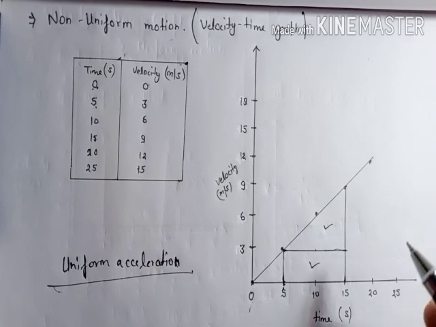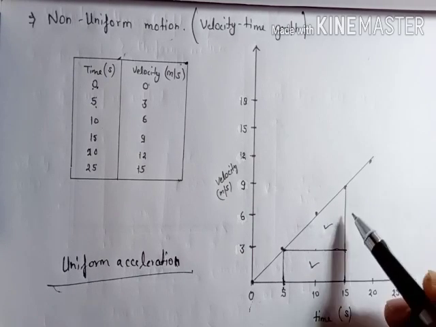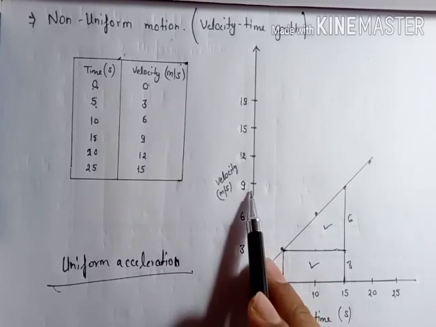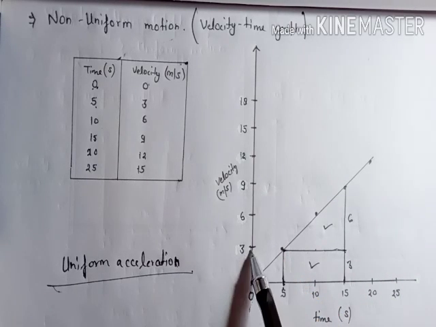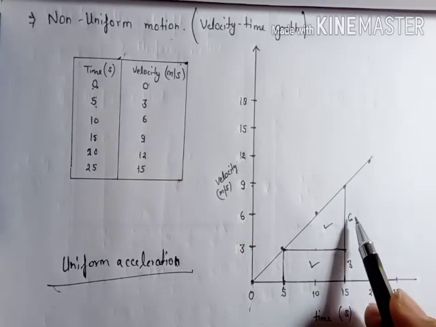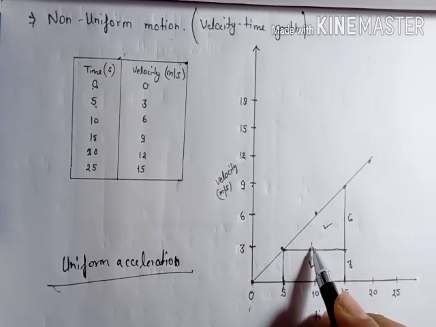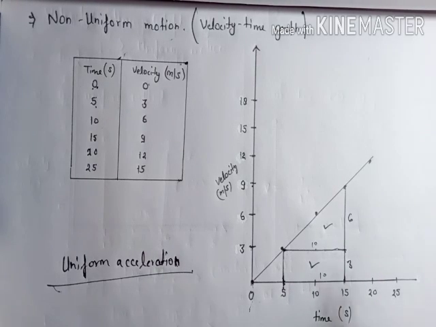Here the whole height is 9, and if you check, it is 6 and this is 3. This is parallel to this graph, so you can get your calculations here. This is 3, so this is also 3, and from here to here it is 6, so you can write 6 here. And this is 10 seconds, so this is 10 and this is also 10. Now get the area.